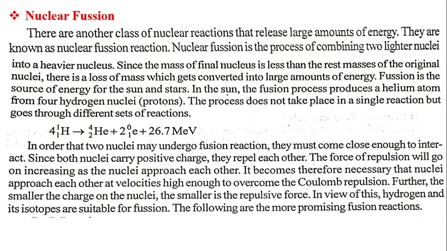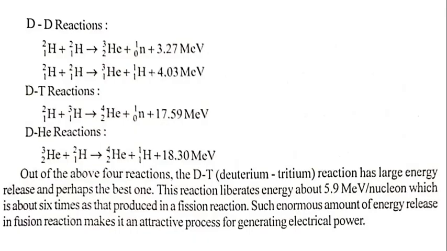The following are the more promising fusion reactions. Now, these are the reactions. Out of the above four reactions, the DT, deuterium-tritium reaction has large energy release and is perhaps the best one.